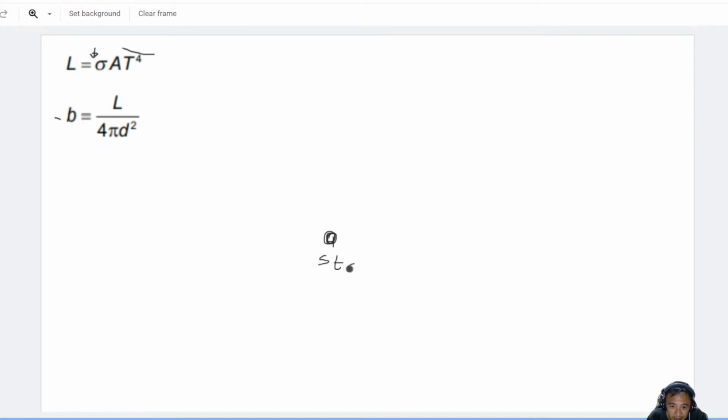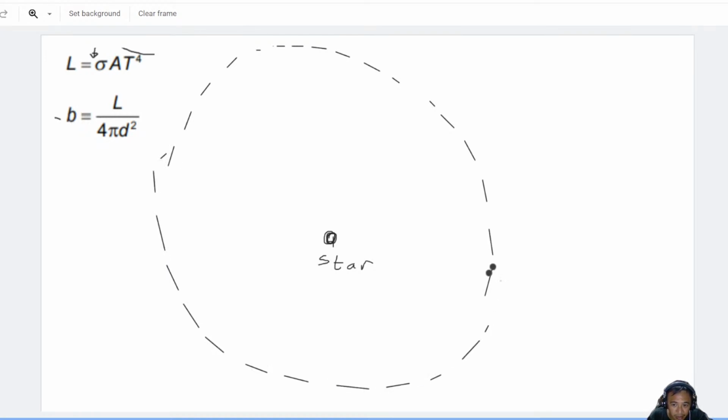Now around that star is going to be a sphere. Now let's just say that somewhere on this sphere is Earth. Let me just note that this is a sphere.